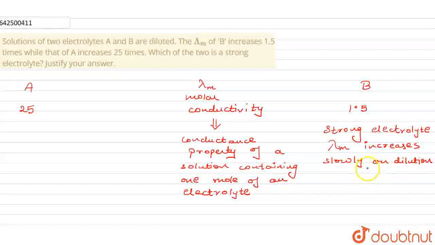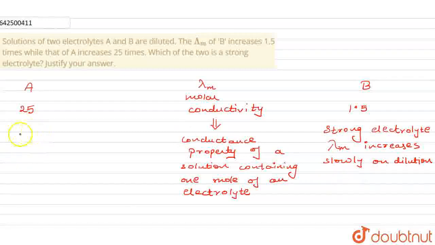Now, why does that happen? Because the interionic attraction is going to decrease. So for strong electrolytes, since they dissociate completely, at lower concentrations it's going to be almost constant, or otherwise the graph would be seen almost like a flattened curve.